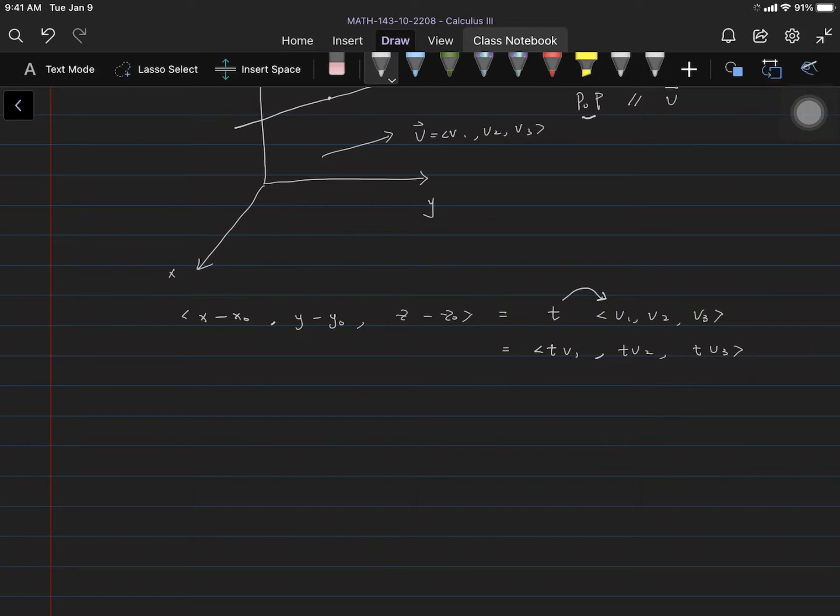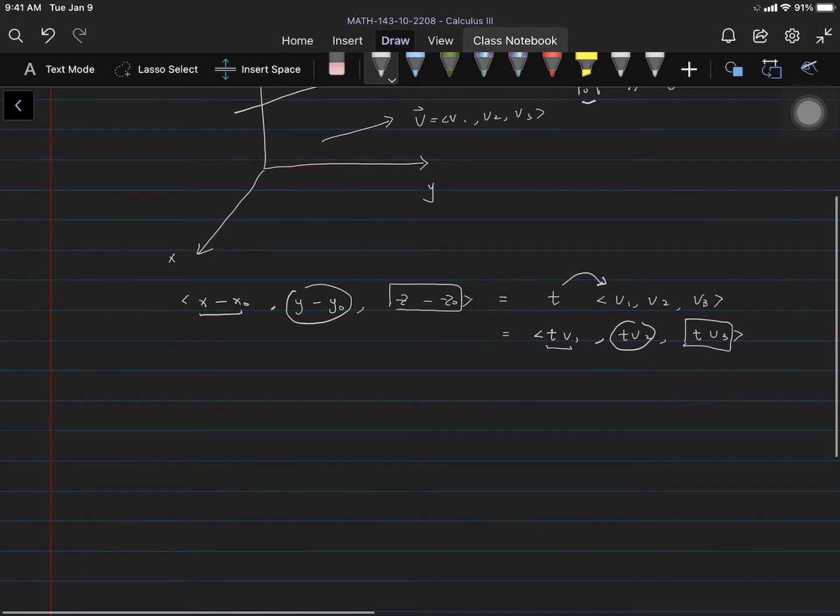Now we get 2 vectors, left side equals right side, so each component should equal each other. That means x minus x naught equals tv1, y minus y naught equals tv2, z minus z naught equals tv3, because those 2 vectors need to be equal to each other, right?